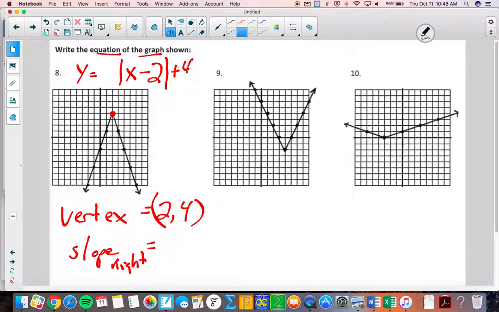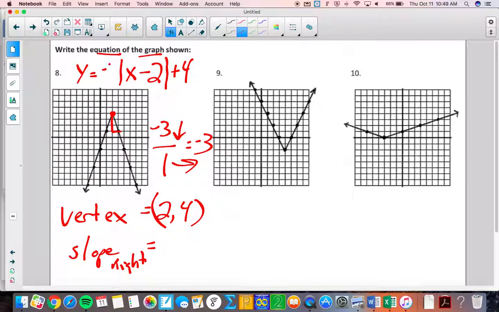So plus 4. The multiplier out in front is whatever the slope of the right arm is, which looks like down 3, right 1. If we're going down and to the right, that is a negative slope. So it's negative 3 over 1, which is really just equivalent to negative 3.